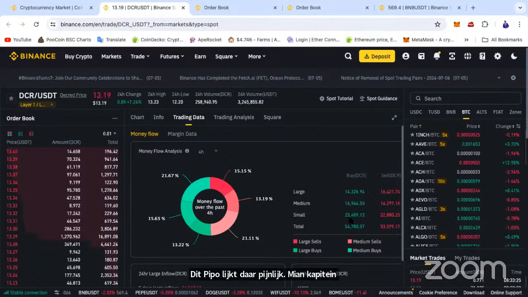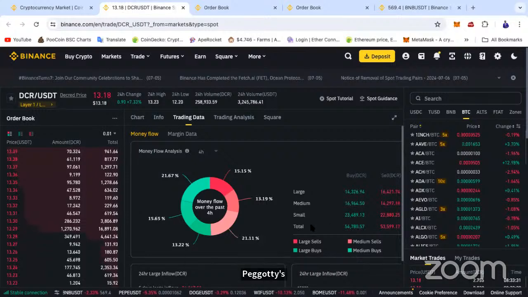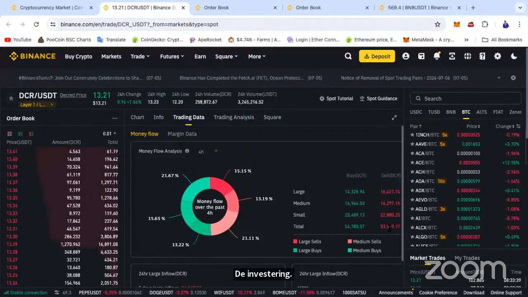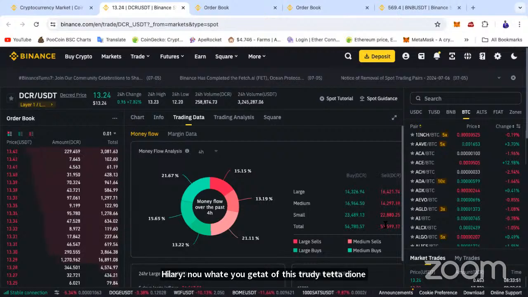With small funds, the buyers are more than the sellers. The total, the buyers are more than the sellers, but with a very small percentage. Are we learning? Now, when you get all this trading data, the information helps you make a better informed decision.